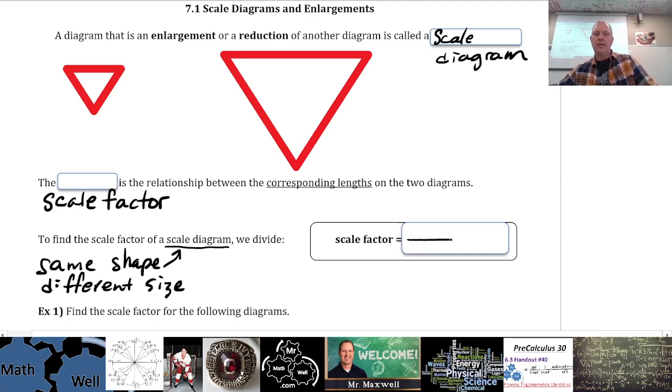So we're going to divide the length on the scale diagram by the same corresponding length, so that's the same part of the diagram, the length on the original diagram.